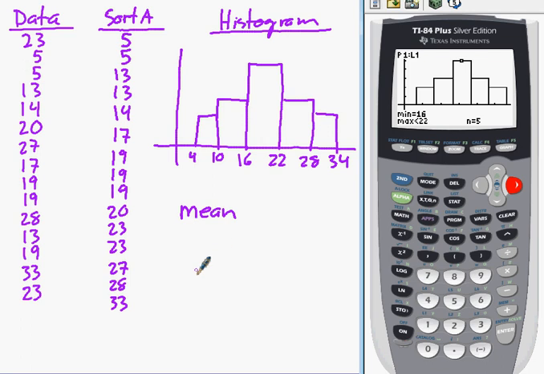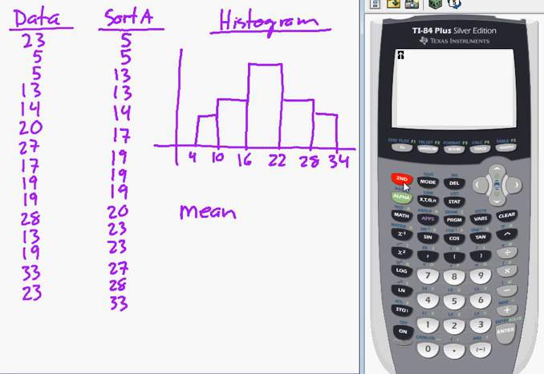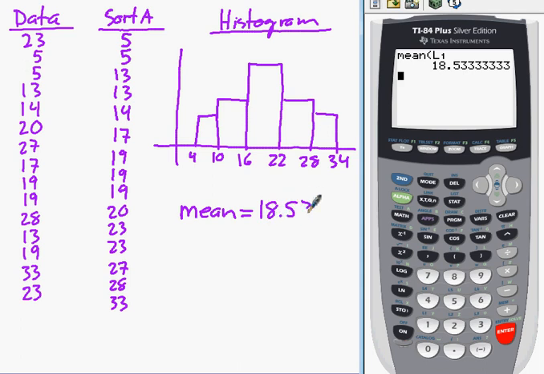We can, of course, add them up, divide by 15. What I'm going to do is just use the mean function of L1. And here we know that the mean is 18.53.